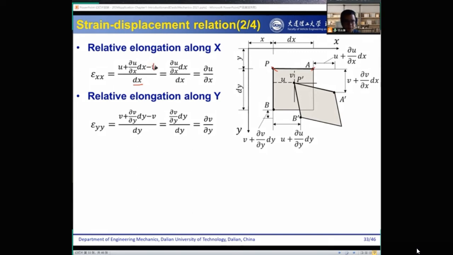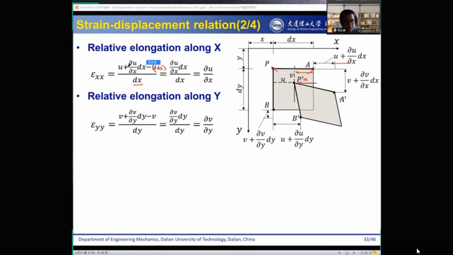So the initial length of PA is u plus this distance. Okay, this is PA, and then the deformed length, P bar A bar, is this plus the same delta. So the initial length of PA is u times delta.